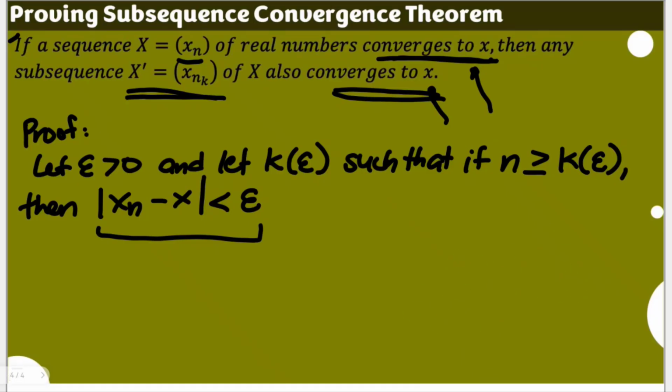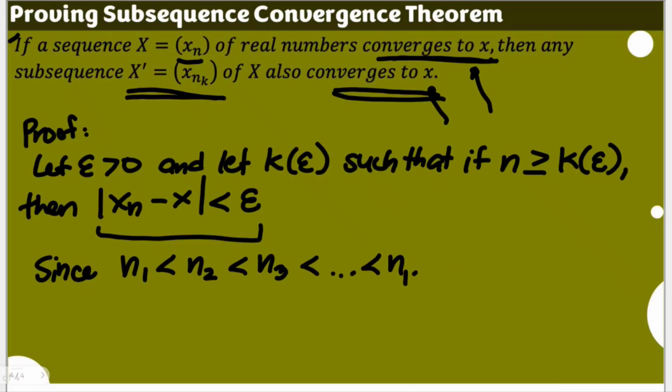Now, the second part is the idea that n sub 1 is less than n sub 2, less than n sub 3. We establish this so that we can invoke the idea of a strictly increasing sequence.